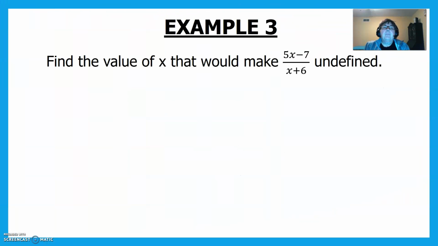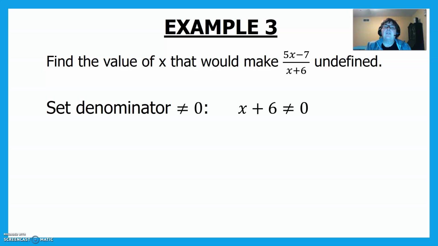Example 3. Find the value of x that would make 5x minus 7 over x plus 6 undefined. Again, set the denominator not equal to 0. So x plus 6 not equal to 0. Solve.